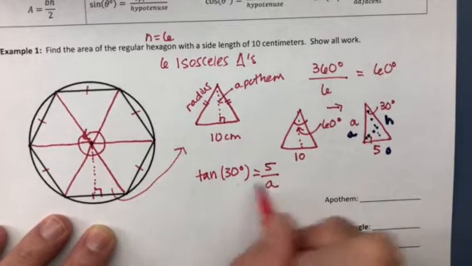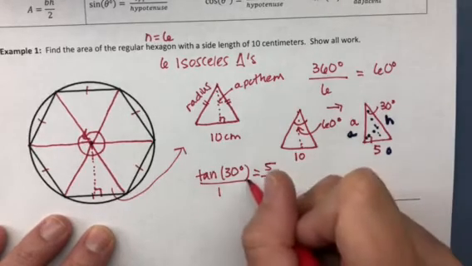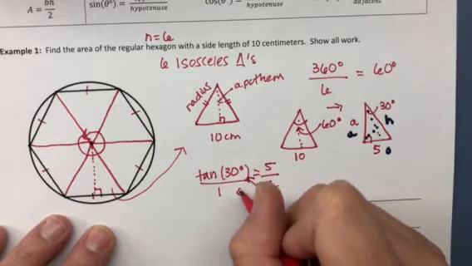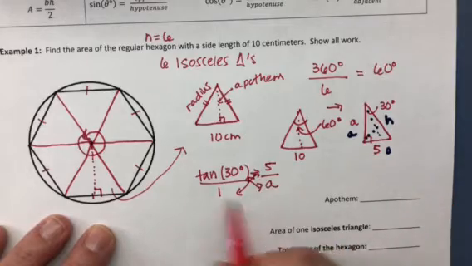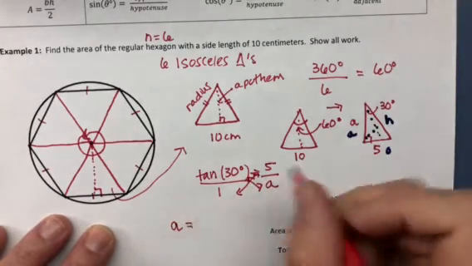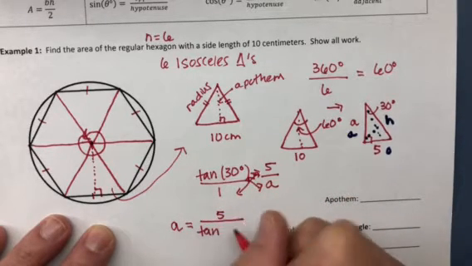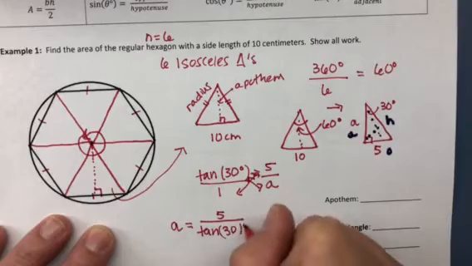But if I think of this as a proportion, we can swap anything out diagonally. So I'm going to swap the variable and the trig function, and I get that A equals 5 divided by the tangent of 30 degrees.